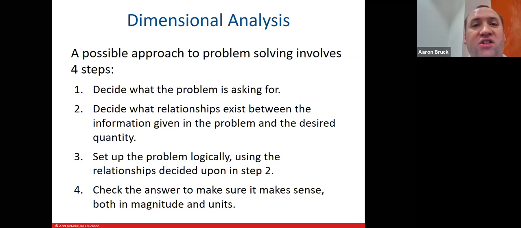So what relationships do we know that exist between the two unit sets that we're trying to convert? Do we have a conversion between them directly? If we do, that's great, we can use it. If we don't, can we find an indirect path to allow us to do the conversion and do it properly?